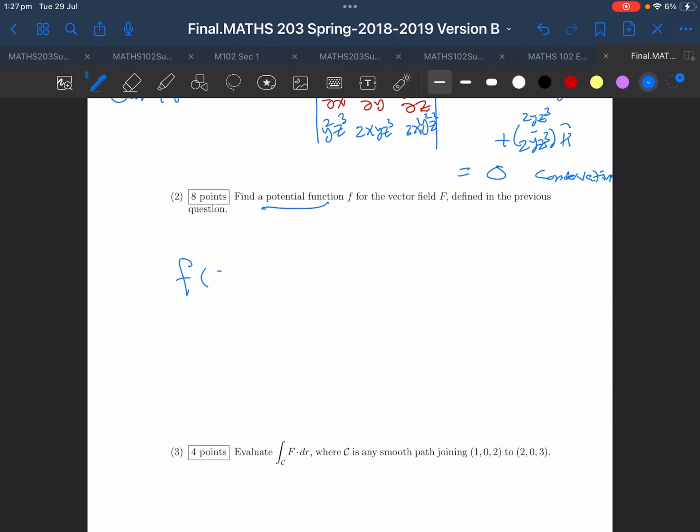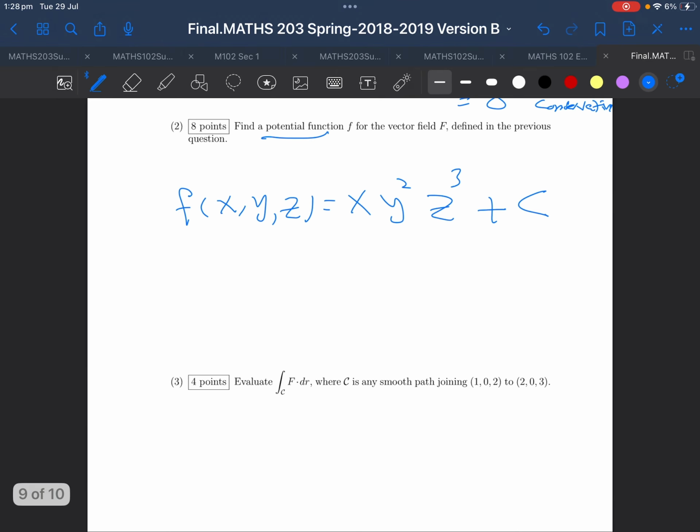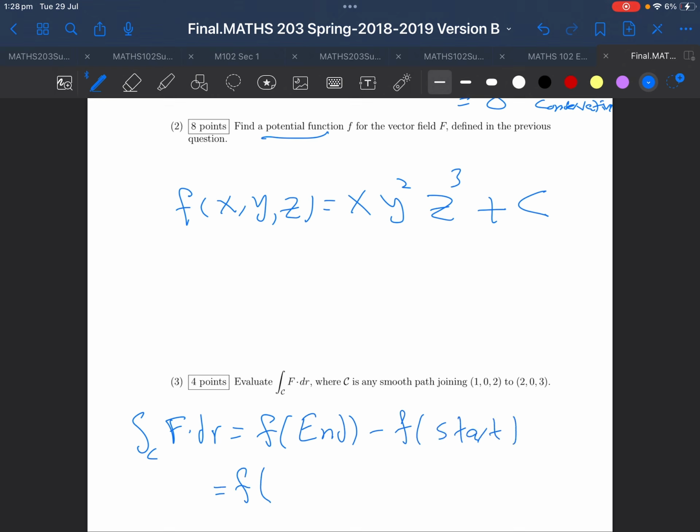So the final answer is this one plus a constant. If we just write it down here, the potential function will be xy squared z cubed plus a constant c. Finally, we need to find the integral, which uses the idea of f of endpoint minus f of start point.